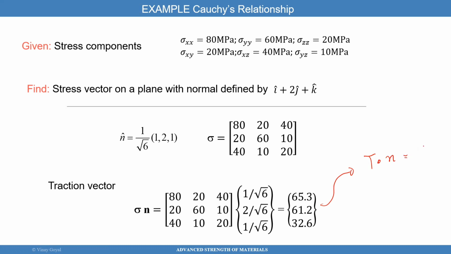And that will give me the component of stress that is normal to the oblique surface. So that's how that problem is completed, and hopefully that is clear to you.